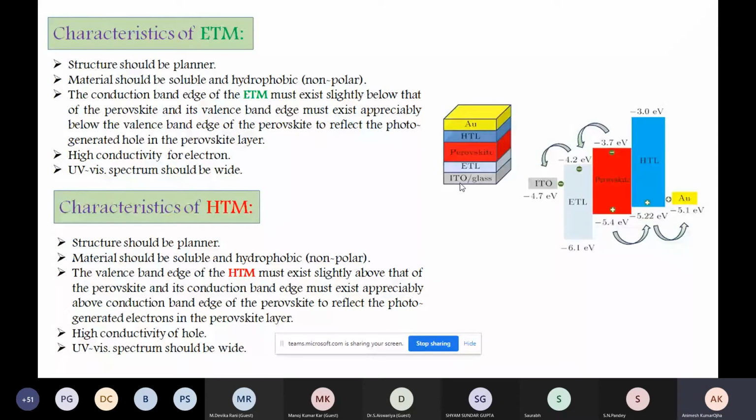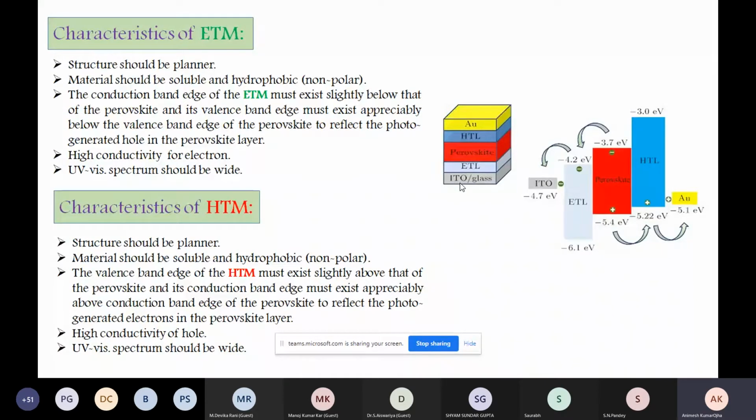Wide here means that it should not absorb, because this is pasted over the perovskite, the active material. So it should be designed in such a manner that it does not absorb the light that the perovskite material absorbs. We always have to take care of this, and design the electron transport layer accordingly.